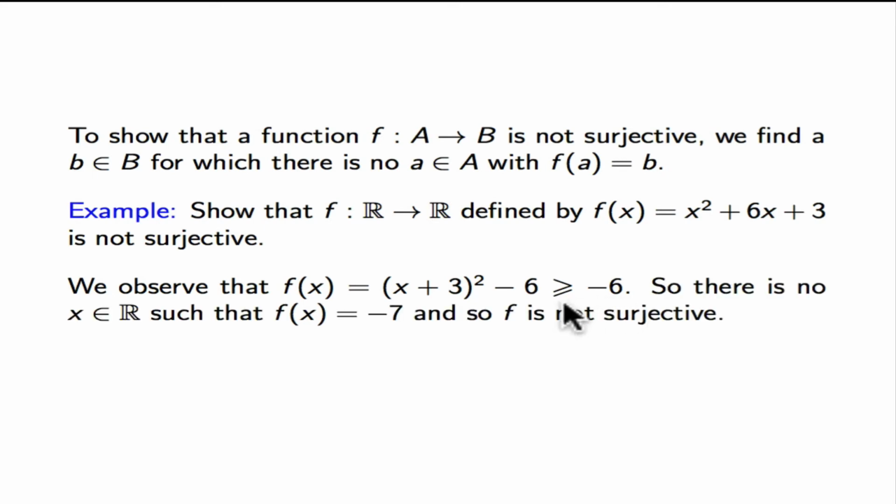So if I take b to be minus 7, then I see that there is no real number x for which f of x is equal to minus 7, because all values are greater or equal to minus 6. And so f is not surjective. I have found the element of the codomain, let's say y, for which f of x is not equal to y.